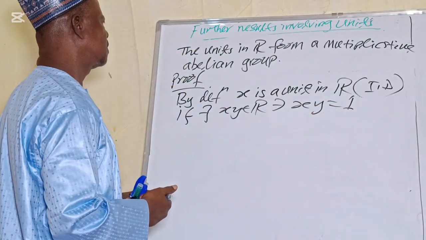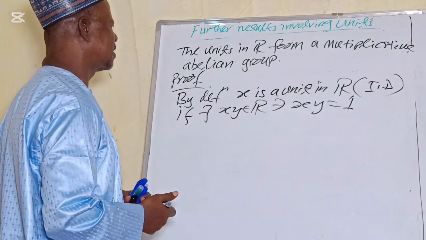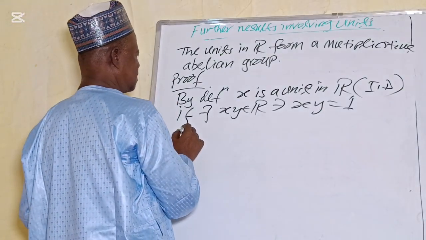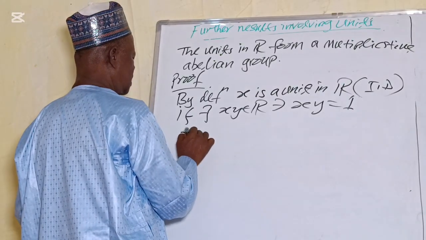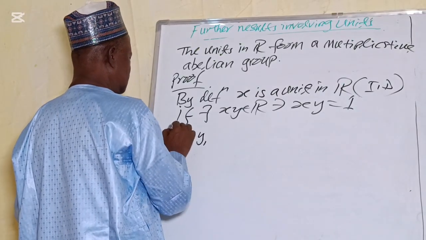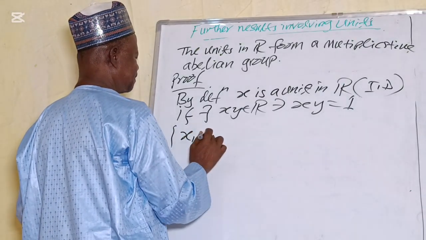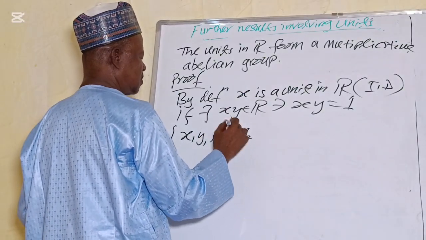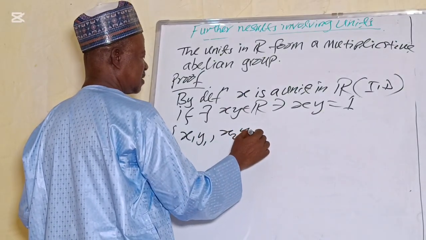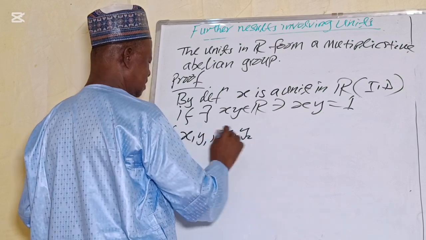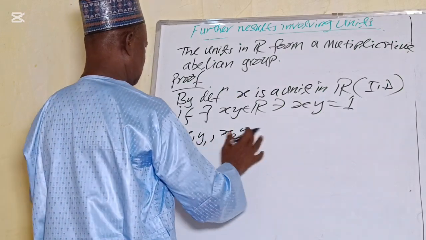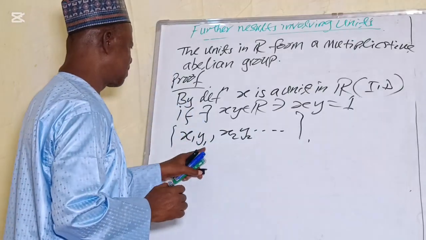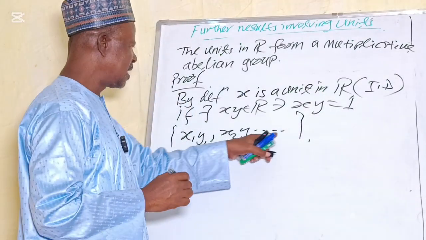Now, if you collect all these x's with these properties, for example, x1, y1, x2 times y2, and so on, for each x1 there is y1, for each x2 there is y2, and so on and so forth.